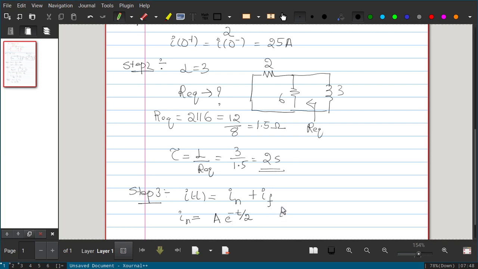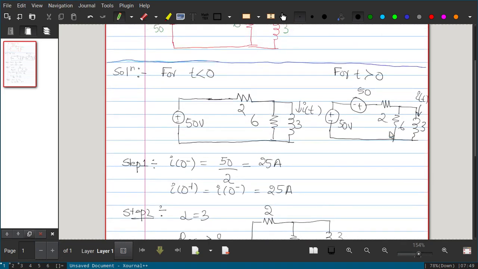First we will write If also. What is If? We can also call it I infinity. So if the circuit is kept as it is for a longer period of time, what is the current flowing through the inductor? For that we have to see the circuit for t greater than 0, that is this circuit. So here if 100 volt is kept for a long period of time, what happens? Again the inductor acts like a short circuit.